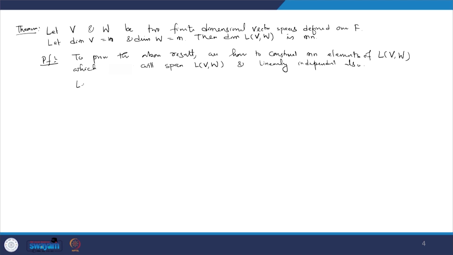So, let B equal to alpha 1, alpha 2, ..., alpha n, and B star equal to beta 1, beta 2, ..., beta m be ordered bases of V and W respectively.